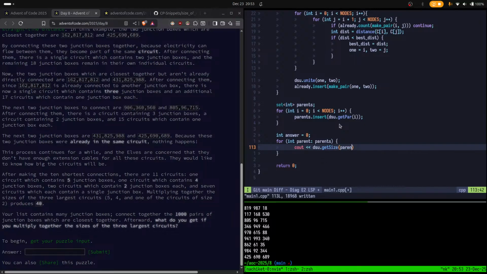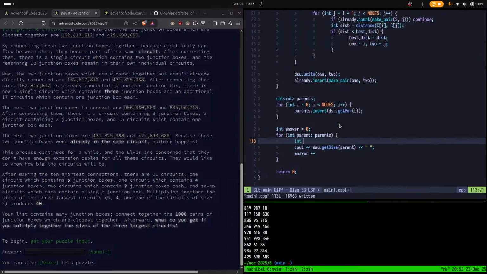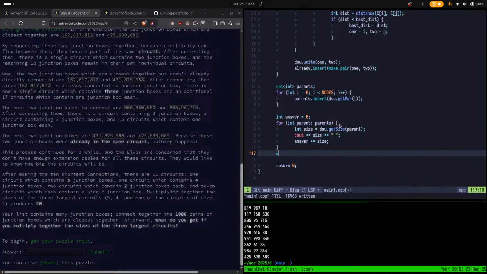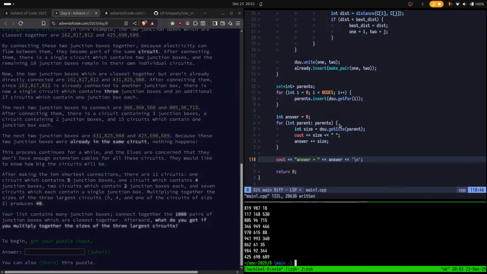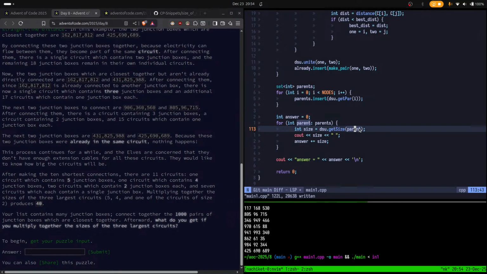Get size for this parent. Add that in. Check this out. Size. Looks correct.